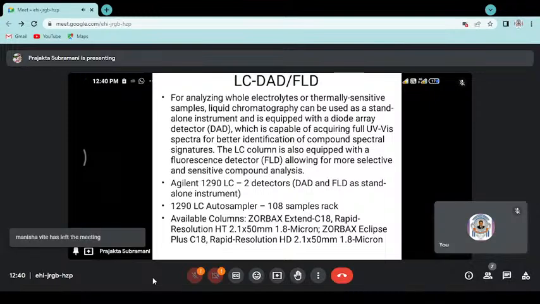The autosampler consists of 108 sample racks, and different columns are used, such as the Zorbax Extend C18 column, then the HT 1.8 micron, and also the Zorbax Eclipse column. These are the columns used for LC-DAD hybridization techniques.